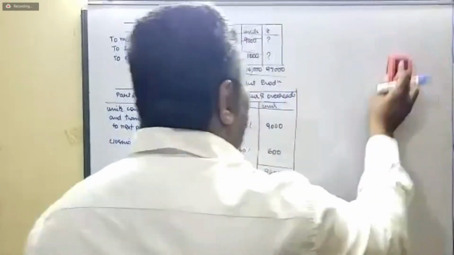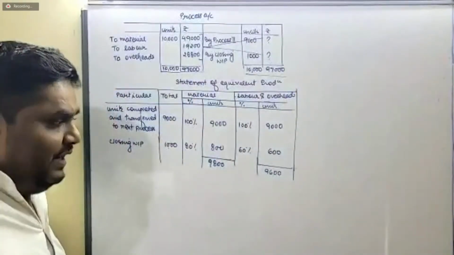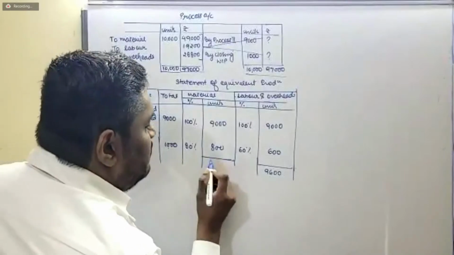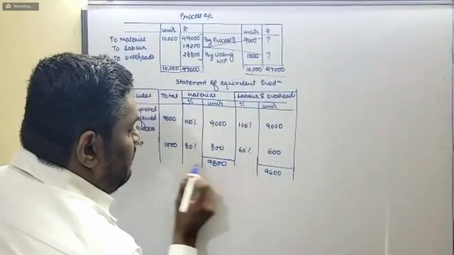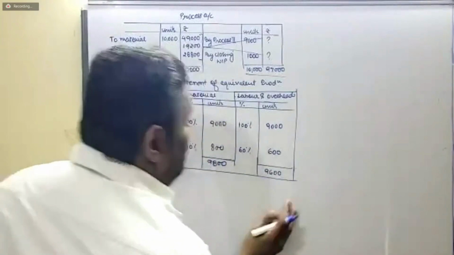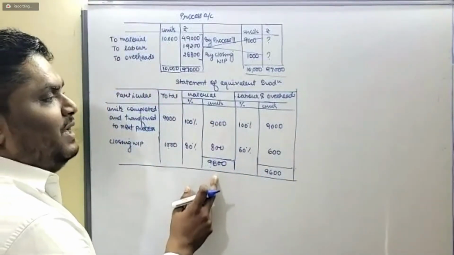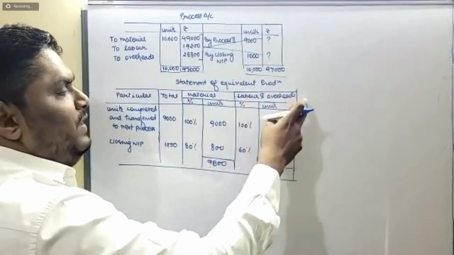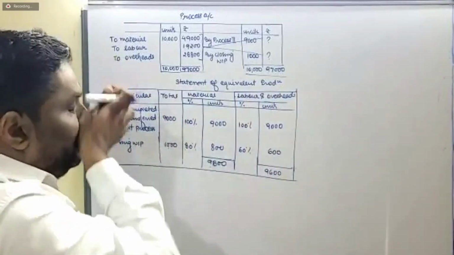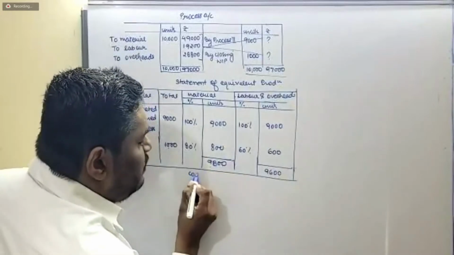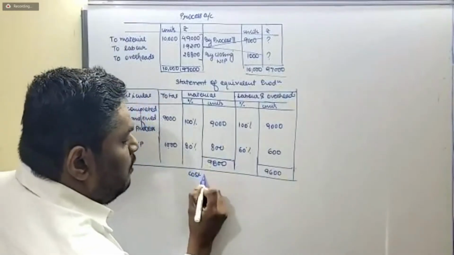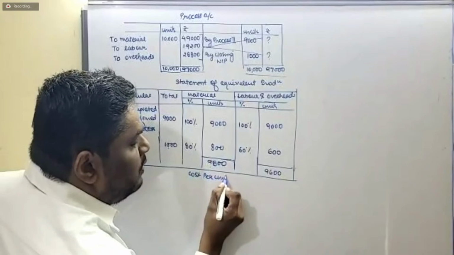So now we have got the cost. We have calculated the equivalent number of units. That is, the equivalent number of units in case of material is how much? 9,800. And in case of labor and overhead is how much? 9,600. Now we'll calculate the cost per unit.